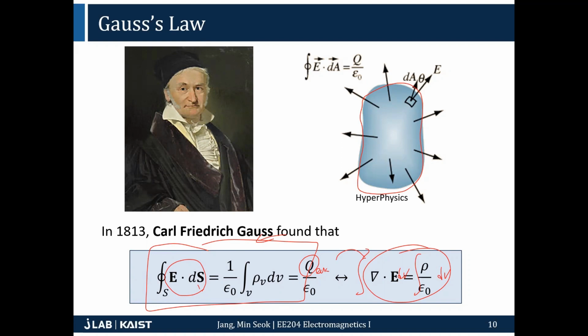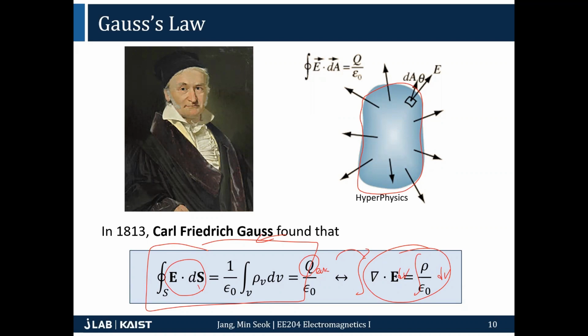Seems like almost 15% learned Gauss theorem in high school, and probably the other 85% learned this in elementary physics. So because you are all familiar with this Gauss theorem, I don't want to simply repeat what you already know.